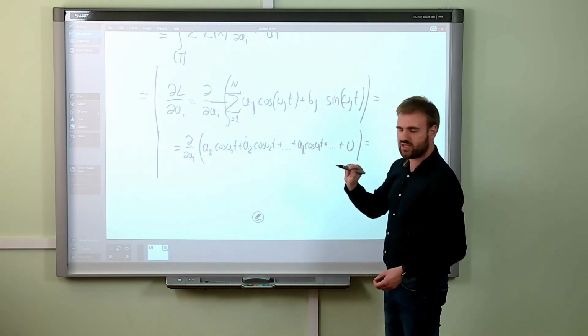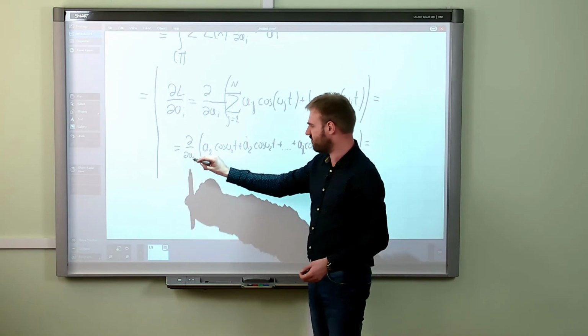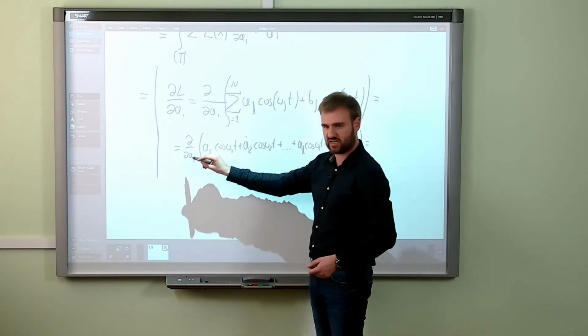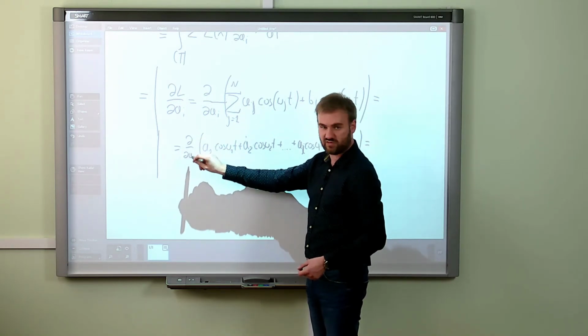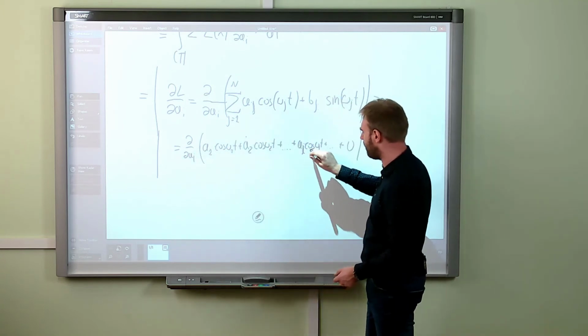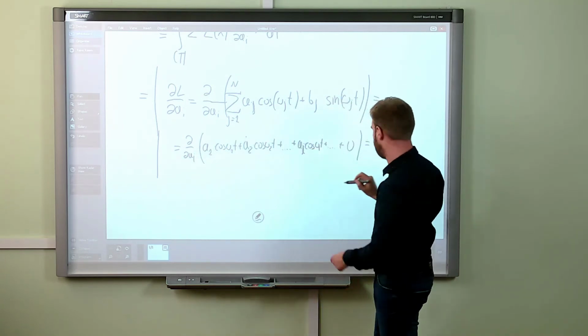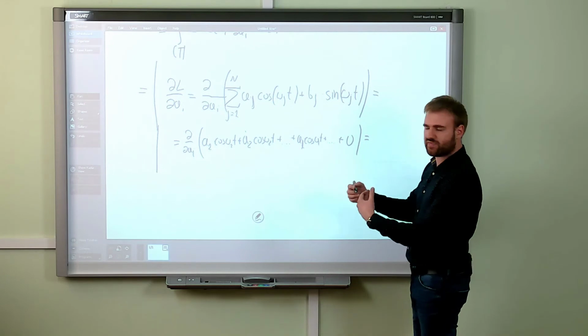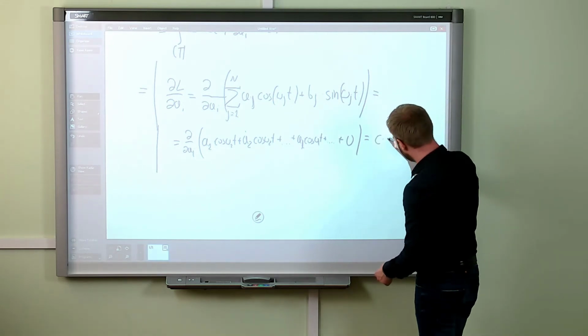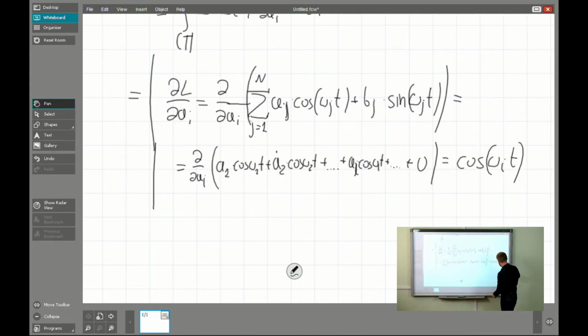And there is only one situation where that derivative will give us a non-zero result: when the partial derivative operator acts on the Ai component. It means that through that entire process we are getting only the cosine omega i t, nothing more.